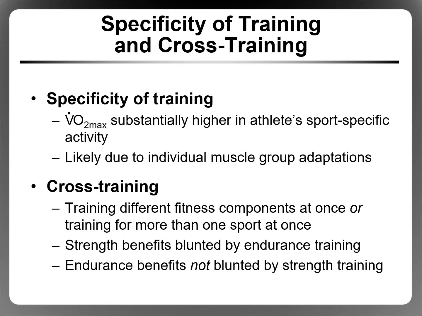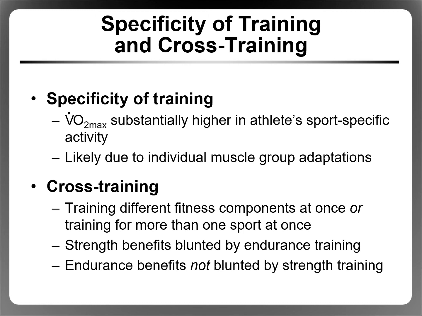All right. So after the brief aside of HIIT training, when do you train specifically and when do you cross train? If I can make my training as specific as possible, we tend to see improvements in VO2 max that are substantially higher in that athlete's sport.